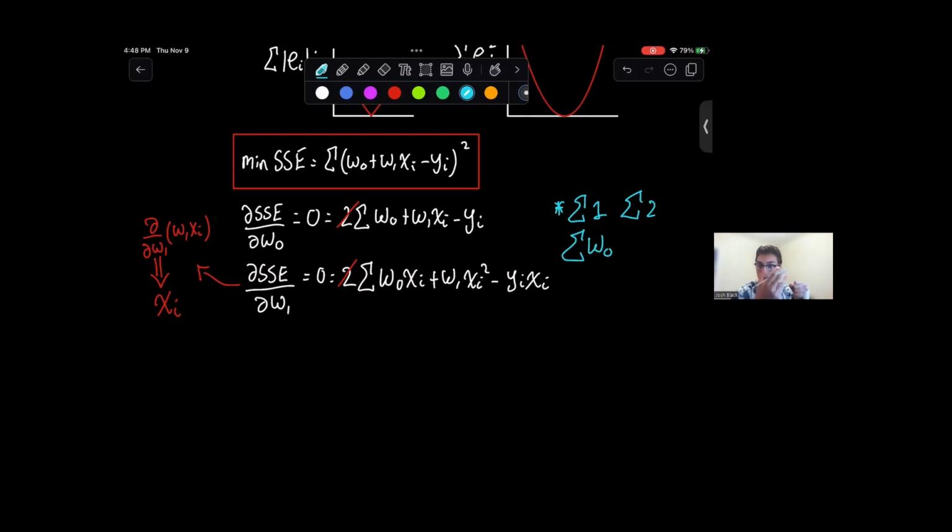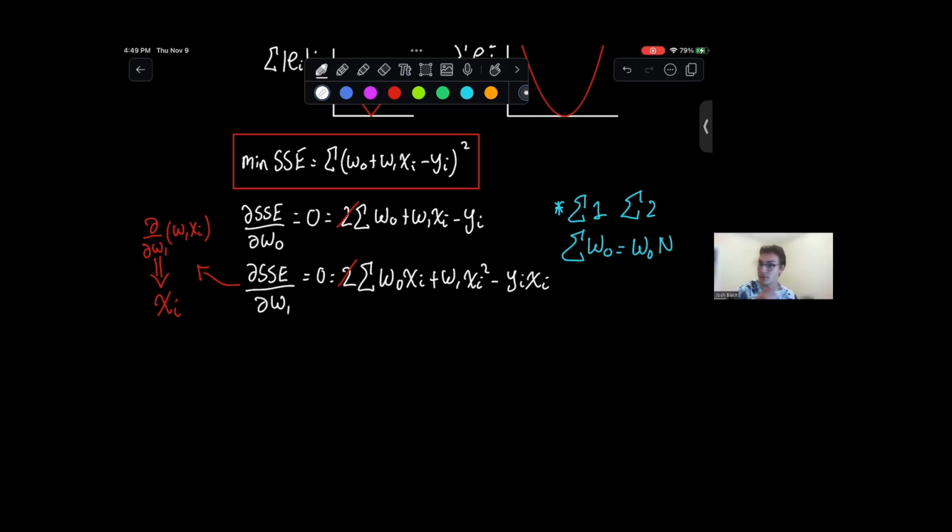The sum of 1 is n, because we're just adding 1 every single time. The sum of W0 is just W0 multiplied by n. And do we know W0 or W1? No, we're trying to find those to fit our model.